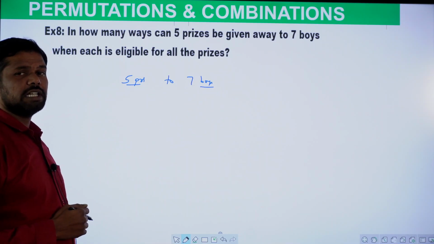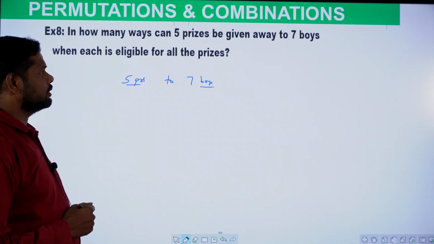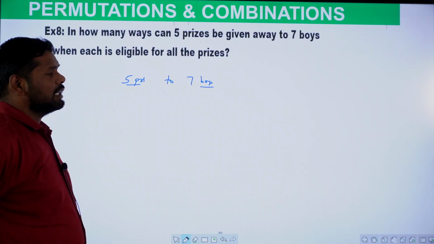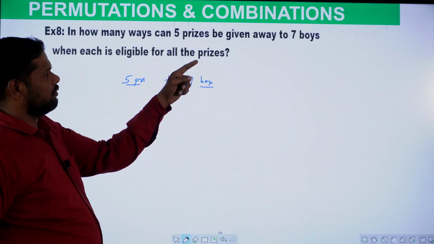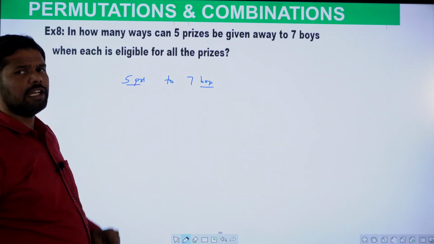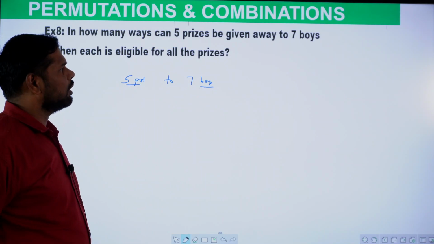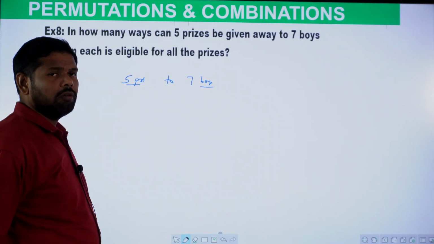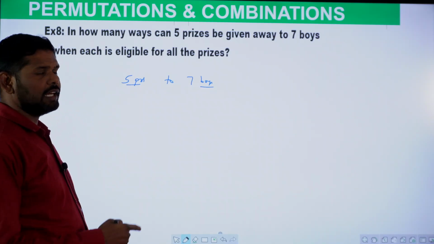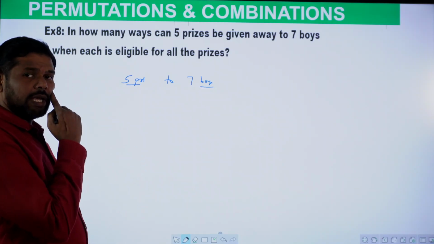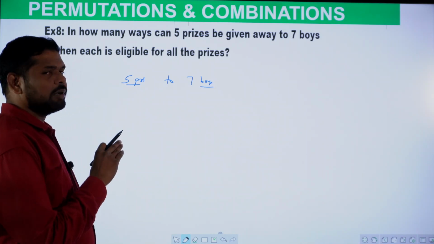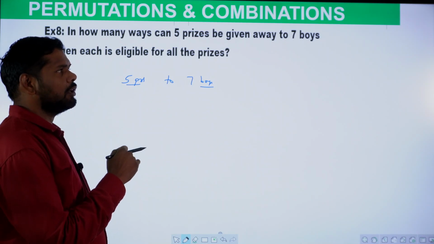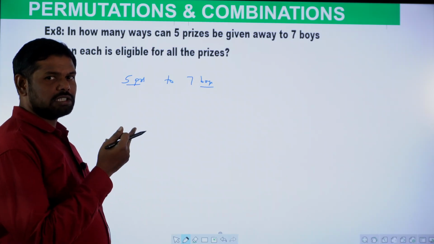In how many ways can we distribute? So first boy can get any one of the 5 prizes. Second boy can get any one of the 5 prizes. Third boy can get any one of the 5. So boys can choose only 5 prizes are there. Means that 5 prizes can be distributed to all the 7 boys is not possible.